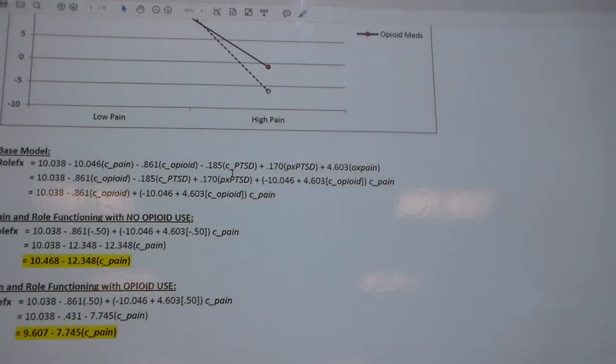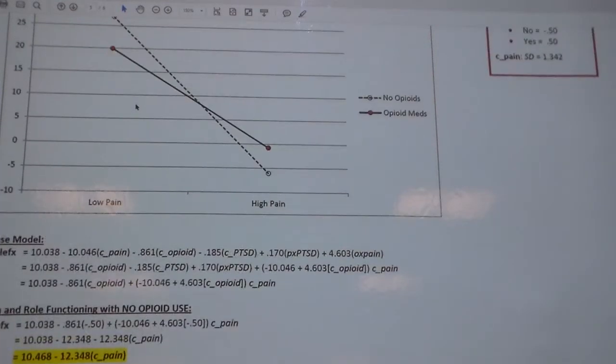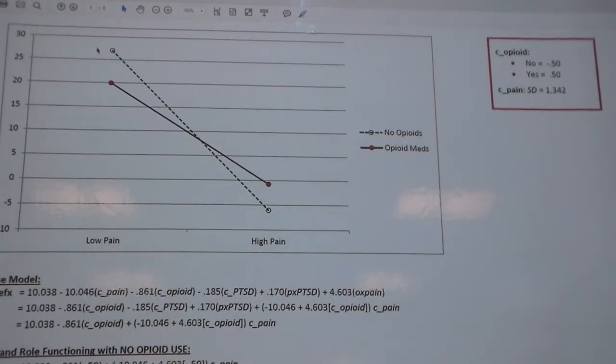Okay. And then again, if I substitute high and low levels, standard deviation above, standard deviation below for pain, I then get my simple slopes graph here, where for my people who aren't using opiates, this is expected value of role functioning for low levels of pain, and expected values of role functioning for high levels of pain.